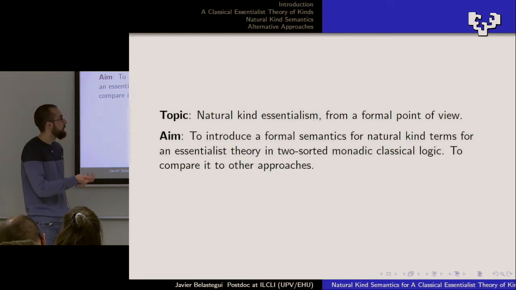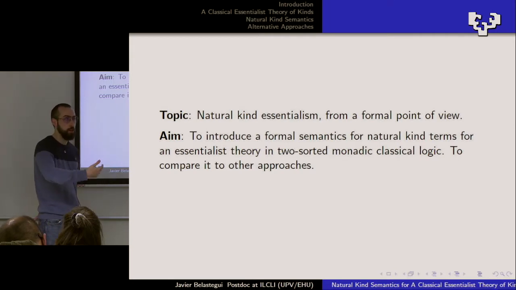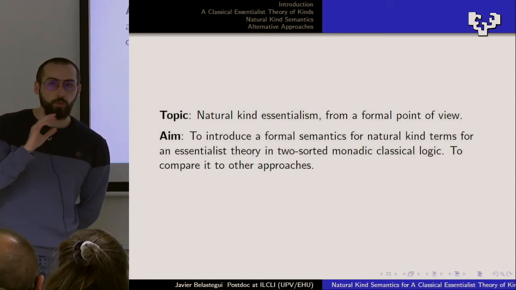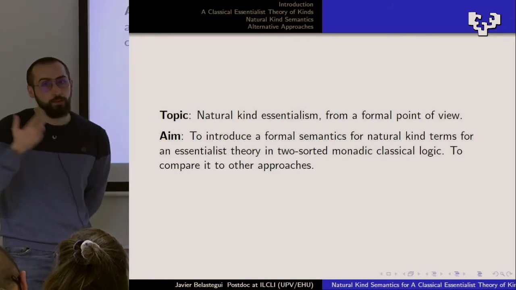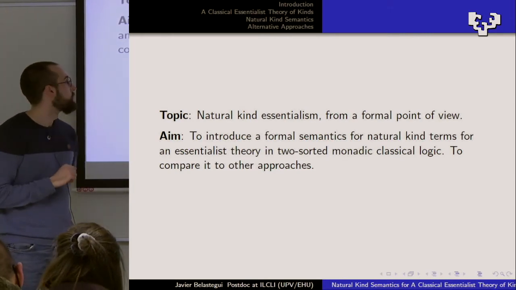This means that the only predicates that we will have are monadic predicates like cat, tree, microwave, hammer, and so on. But it will be two-sorted. This means we will be able to quantify over two distinct sorts of individuals, so to speak, namely objects and properties.